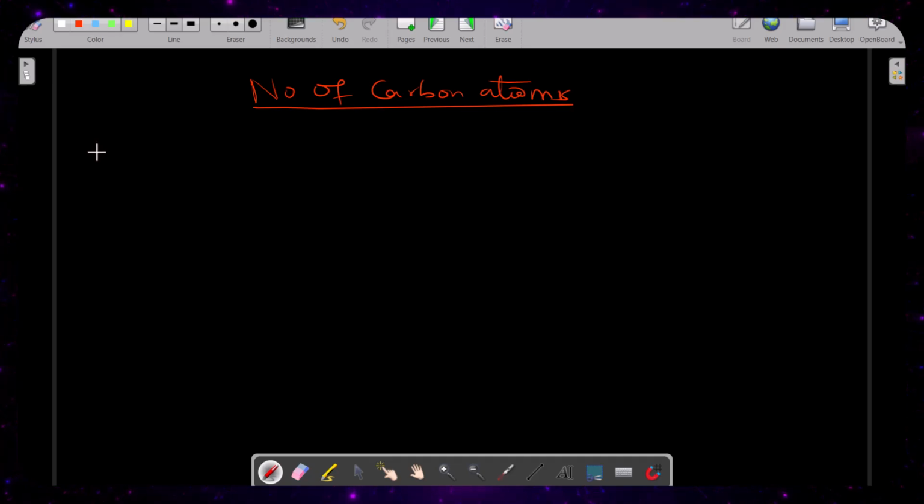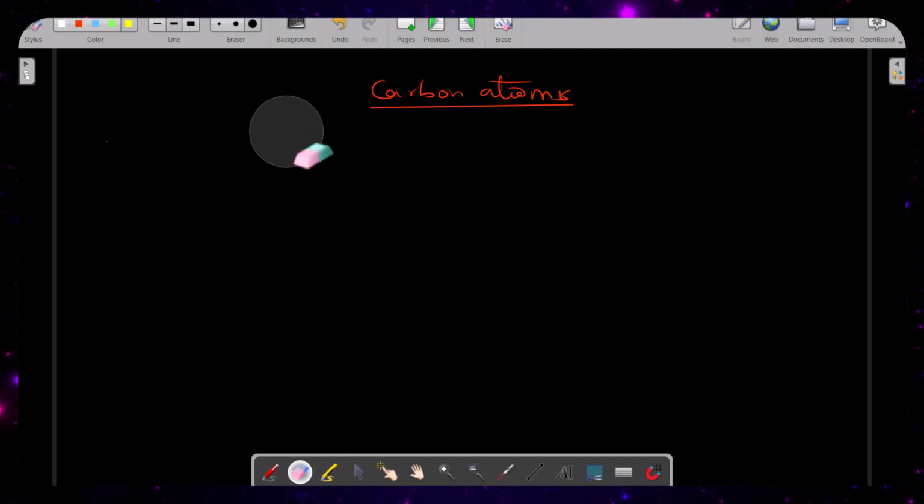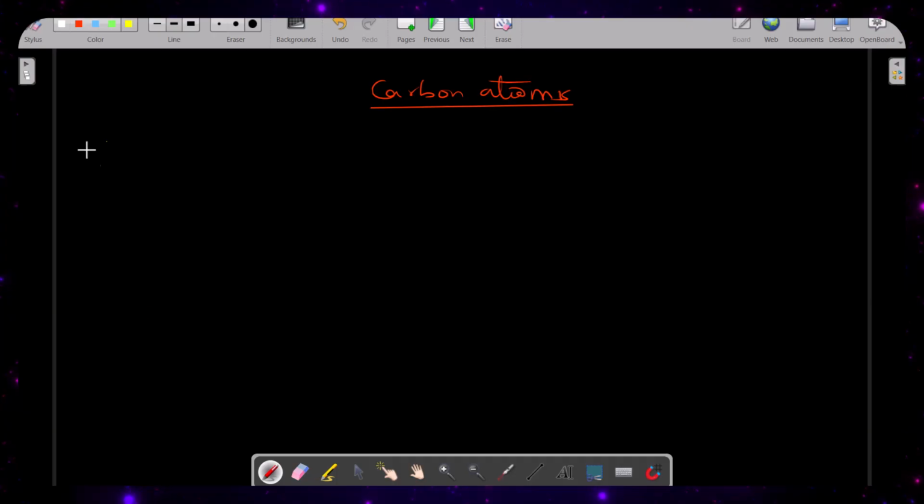I said that if the organic compound that we're about to name has what we call one carbon atom. Let me put this in properly. Let me talk about the carbon atoms that it has. So let's look at the number of carbon.